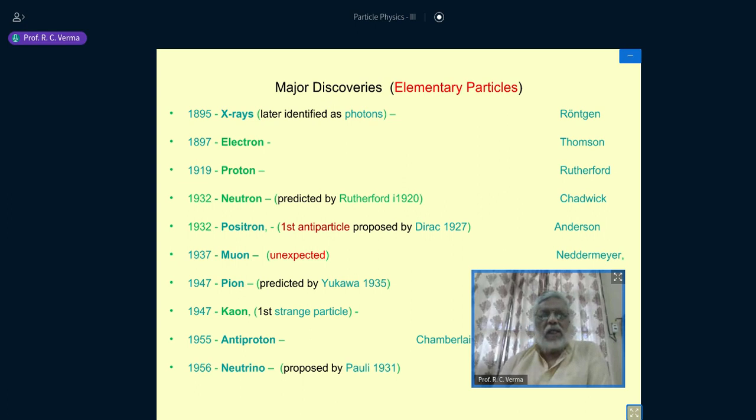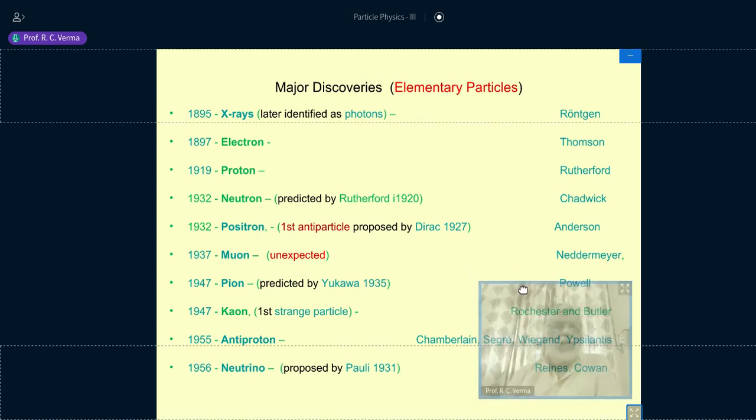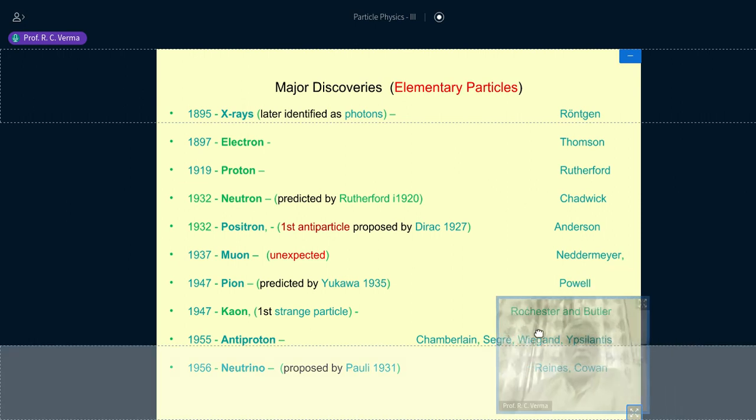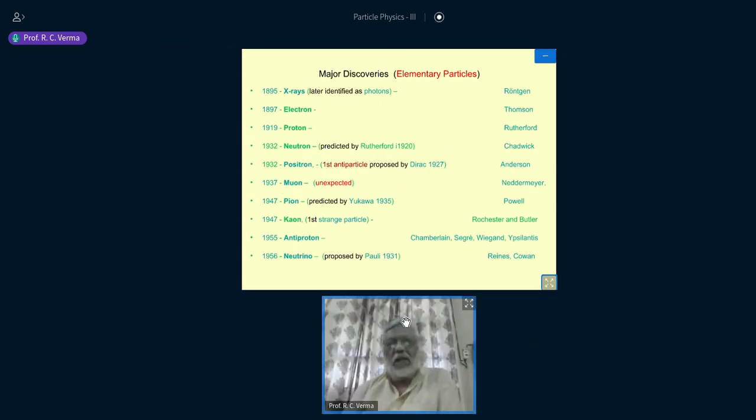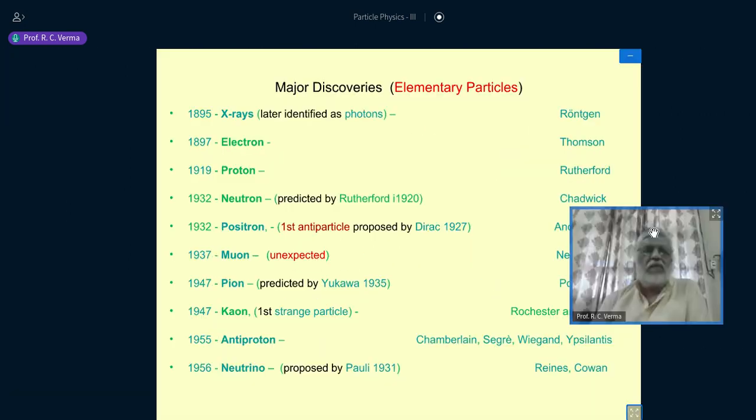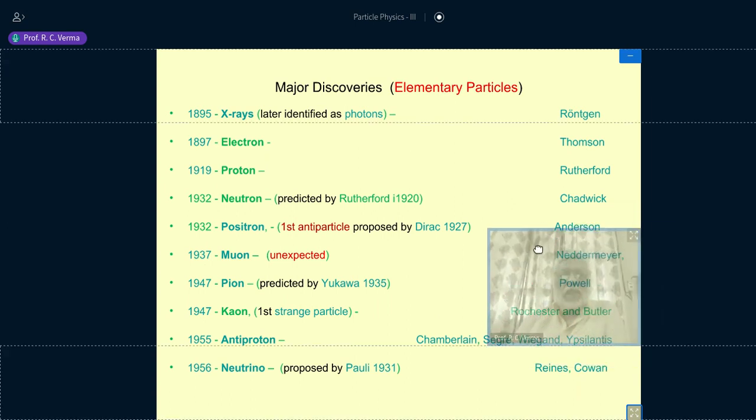So when Dirac developed relativistic quantum mechanics, one of the very important predictions that came out was that every particle should have an antiparticle. So in that way, he predicted that corresponding to the electron, we have a particle with the same mass but whose charge is positive. That is called the positron.